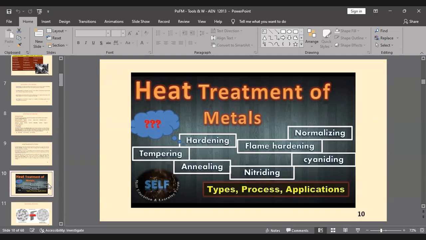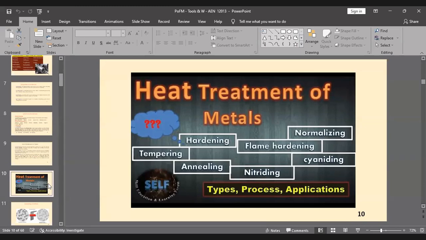So heating and cooling, two activities. First is heating, then cooling. The rate of cooling is very high, by adding some water or sand, soil like that. So this is one of the methods of making metal hard.